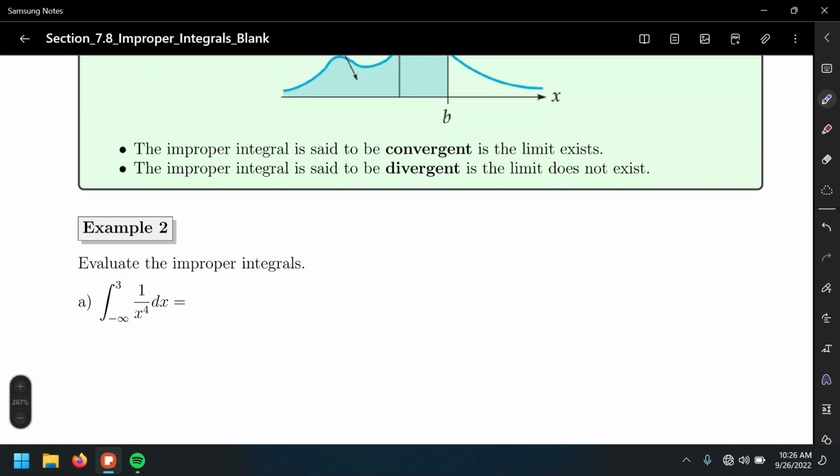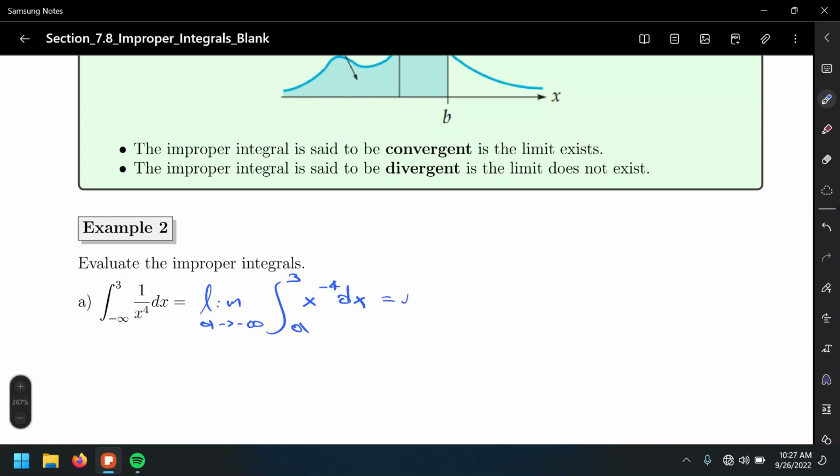So that's the limit as a approaches negative infinity of the integral from a, because we're replacing that negative infinity, which is the lower limit, with an a, which will represent that value, to 3. And at the same time, I'm going to have this x to the 4th. I write it in the numerator with negative exponent. Only then will we be able to integrate this, right?